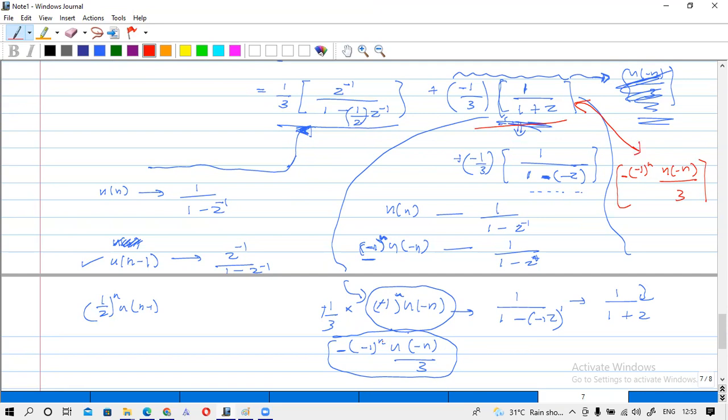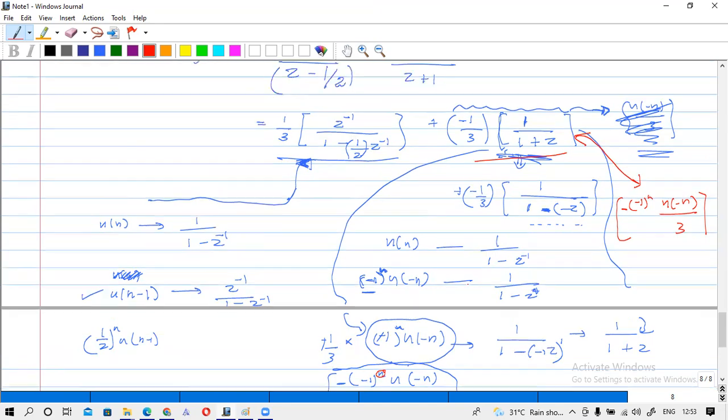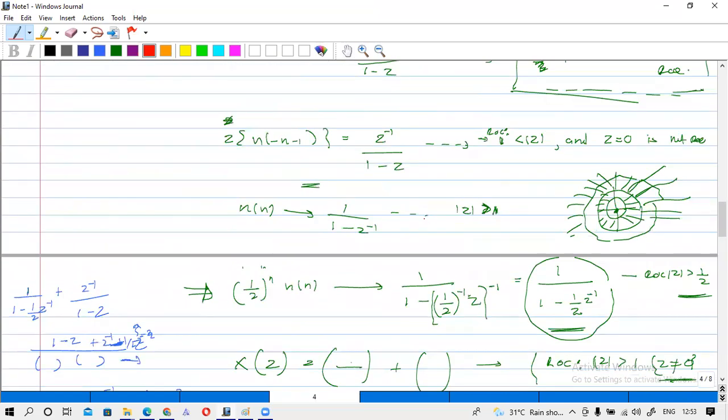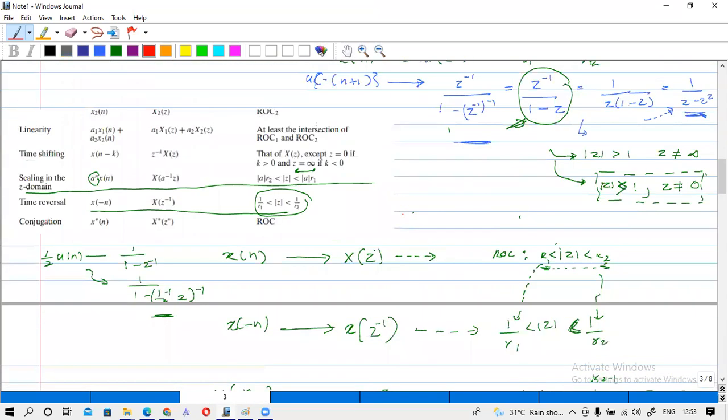I forgot this n, so we have to put the n also here. That is the scaling. Can you remember? So that will be the scaling. An should be there.